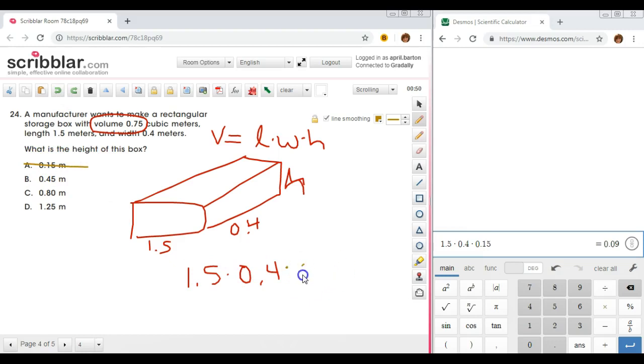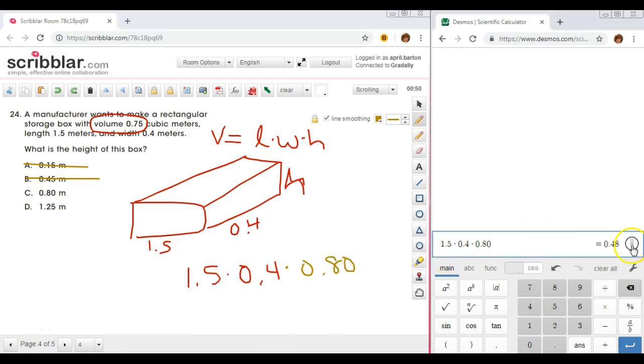So now we try answer choice B. If you don't want to retype everything in, you can just erase and type in the new height, 0.45, and when they're all multiplied together, we get 0.27, also not our volume. We wanted 0.75 for the volume. So now we try C, 0.80.